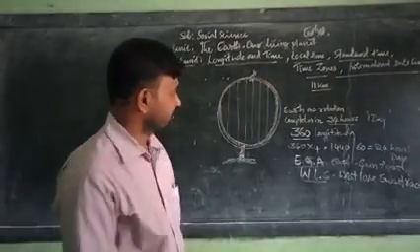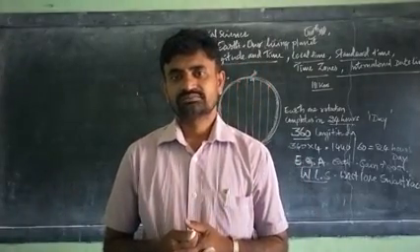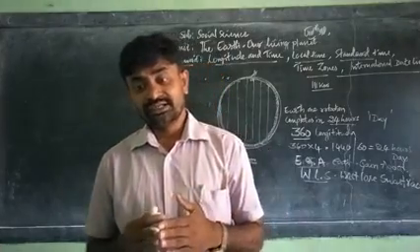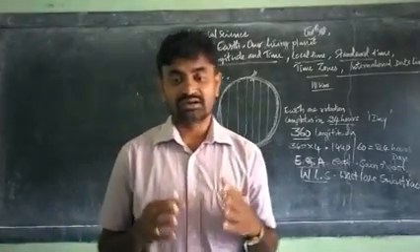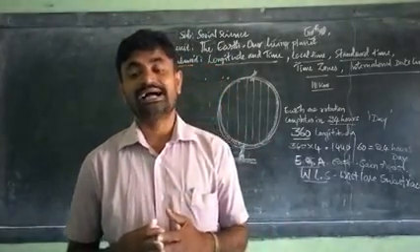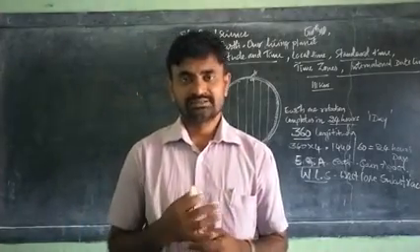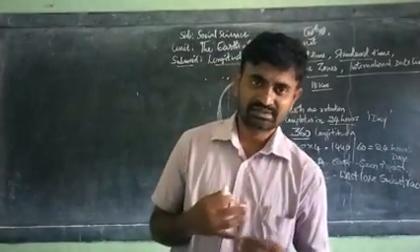Okay, dear students, what is local time? The time at that place is known as the local time. Shall I repeat the definition of local time once again, dear friends?